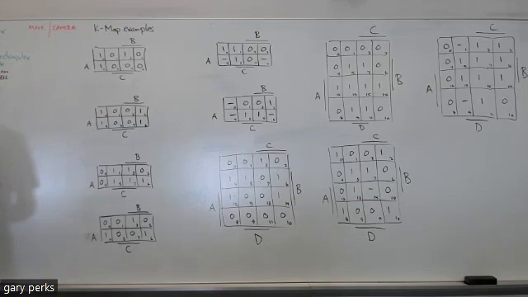You look at ones. When we wrote the SOP for F, we were just looking at the truth table, looking at what input corresponded to the one. We said, this, or this, or this, or this.